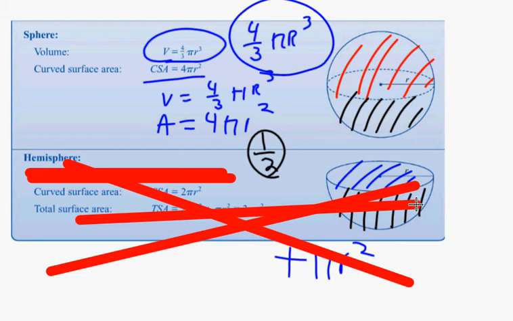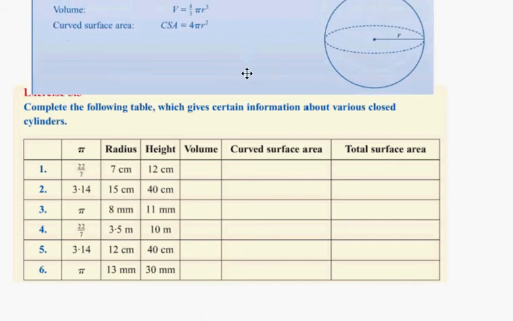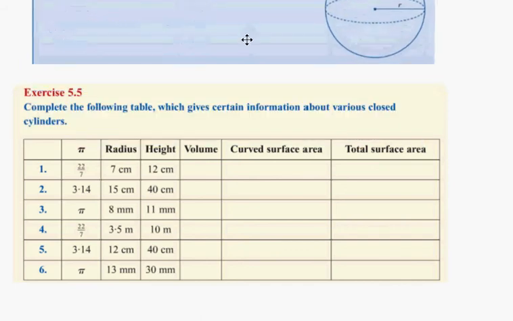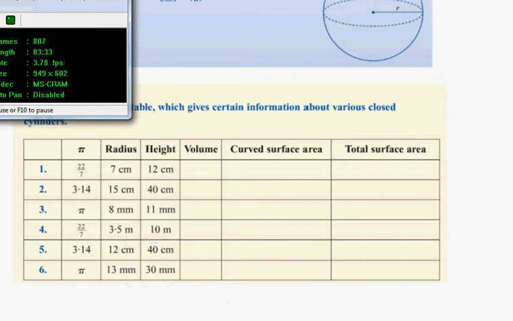So that brings me on to the next part, where I only have access to the formulas that are in my tables. Complete the following, which gives certain information for various closed solids. Give me a second there. What happens here, guys, is this.